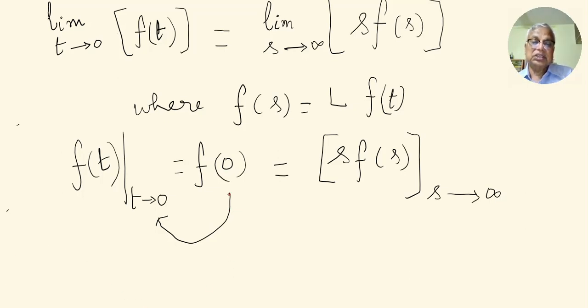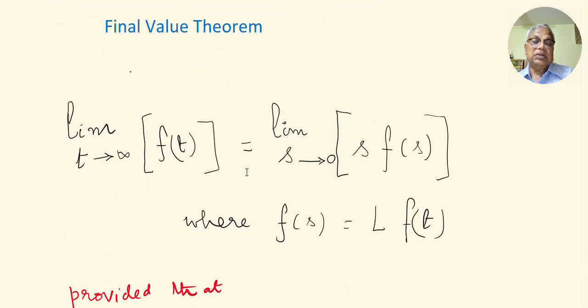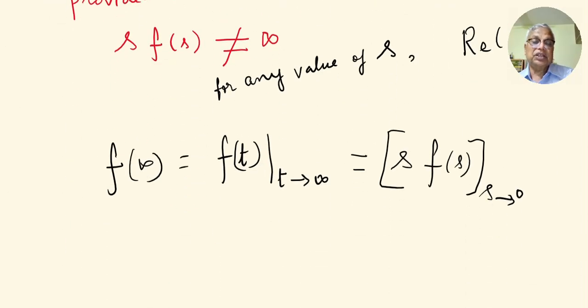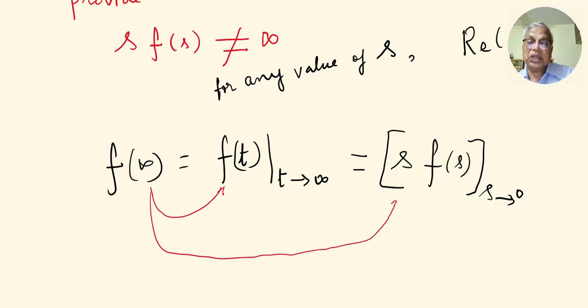But this theorem says that without knowing f of t, we can find the initial value directly from its Laplace transform, F of s into s, by putting s equal to infinity. Similarly, the final value f of infinity you normally find by knowing f of t and putting t equal to infinity. But here you can directly find f of infinity without knowing f of t, if you know the transform F of s.